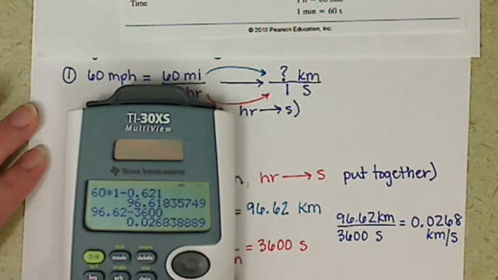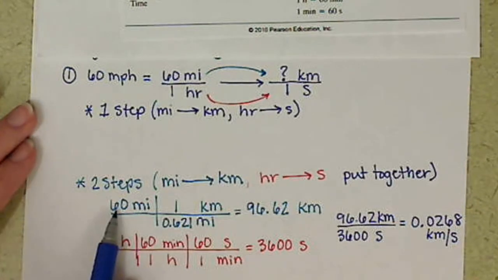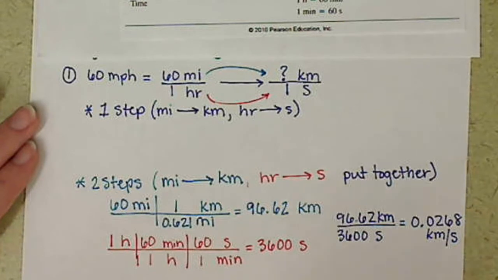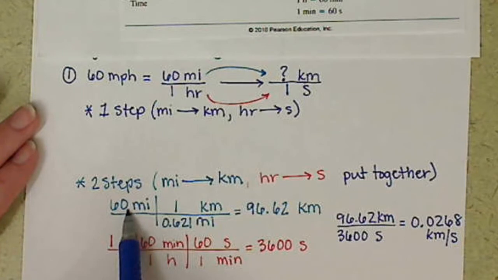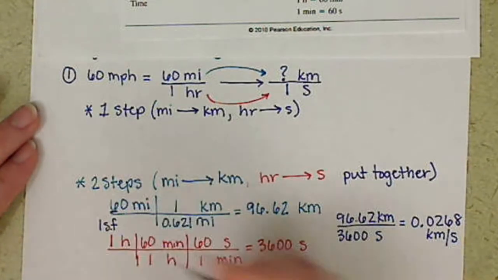Now it's okay to cut off our sig figs. So how many sig figs do I have? Remember, we want to go back to our starting values. So how many sig figs in my 60 miles? Remember that there's no decimal there, so I only have one sig fig.